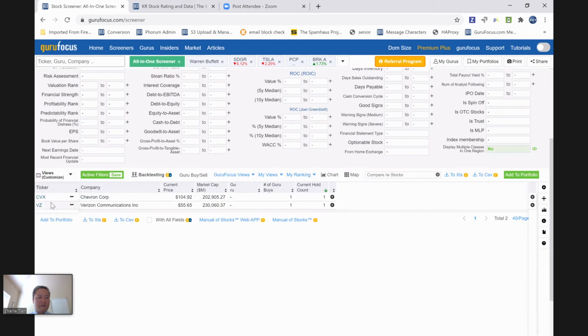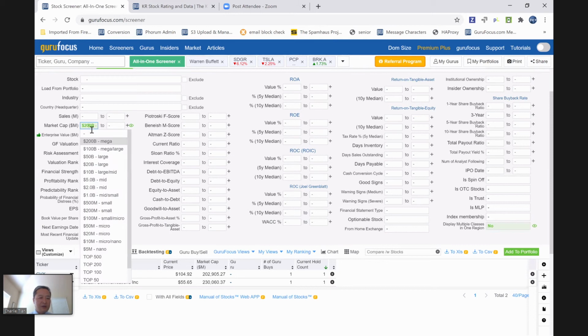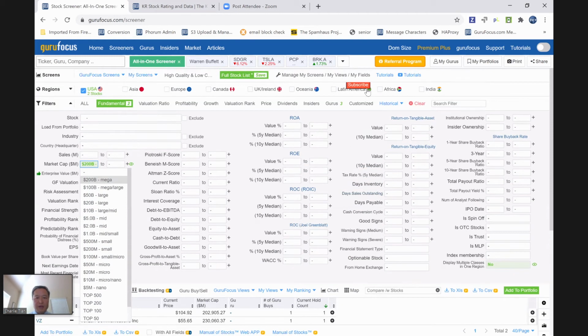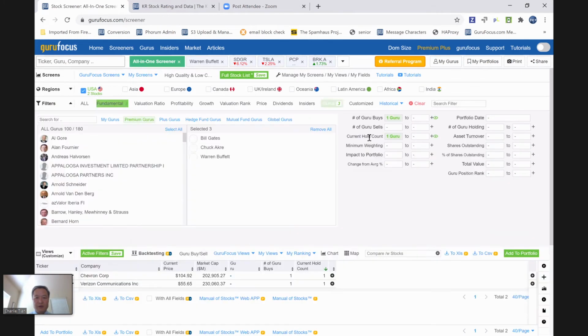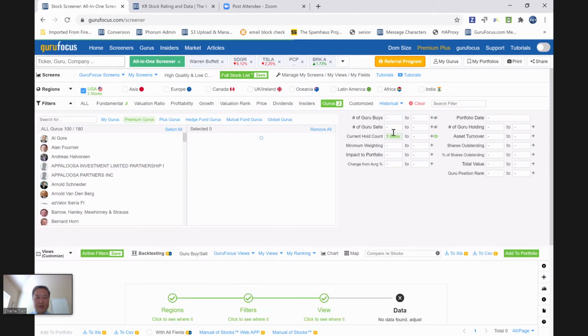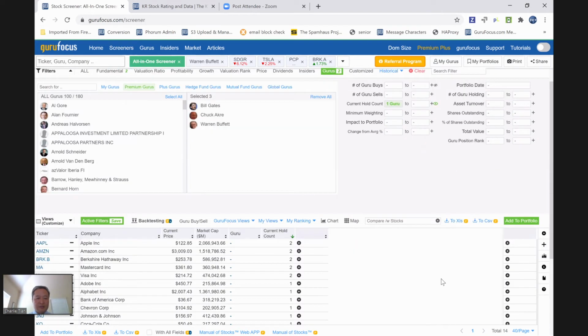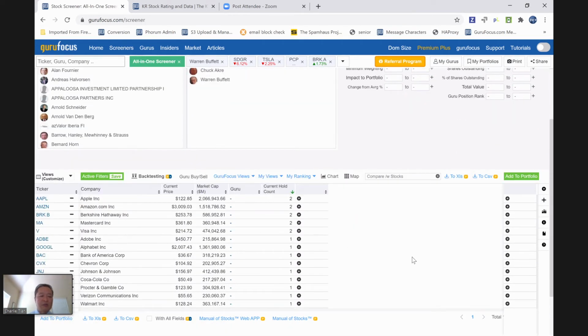Then you only have CVX and Verizon left, for those with at least one guru buying. Of course, I can remove this number of guru buys, and for stocks they own with at least 200 billion market cap, we have Amazon, Apple, Berkshire Hathaway, Mastercard, Visa, those companies. That's a common holding among them.